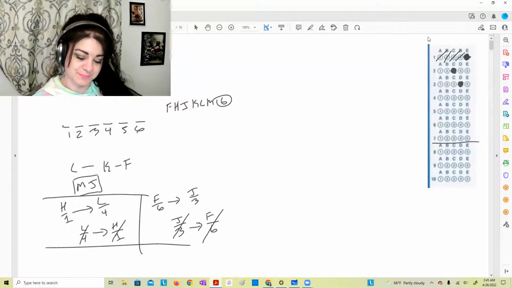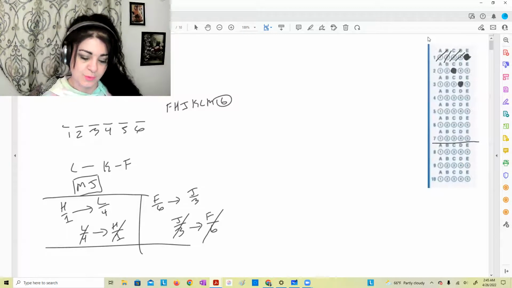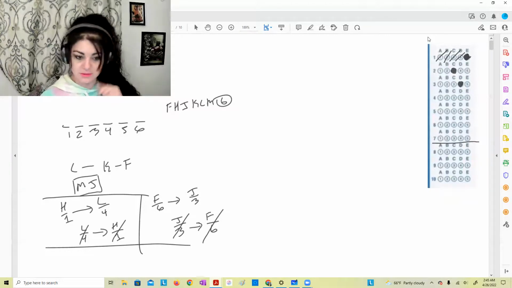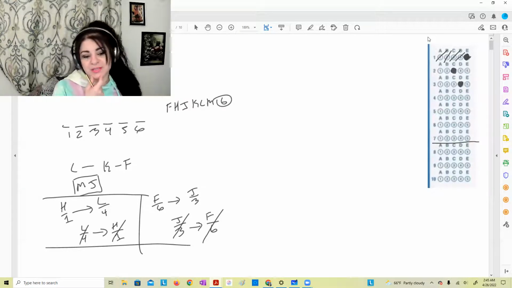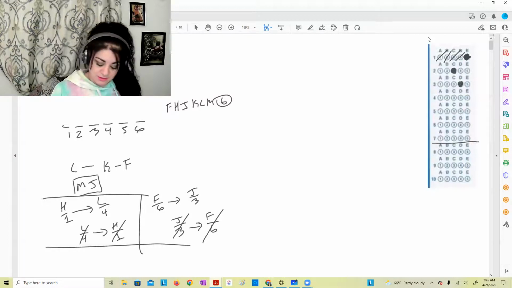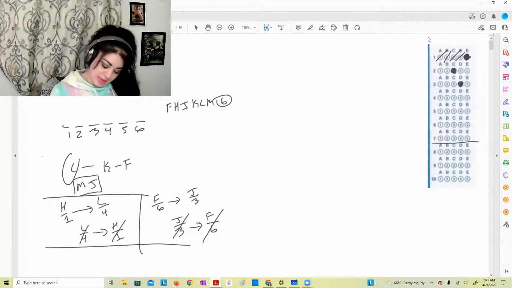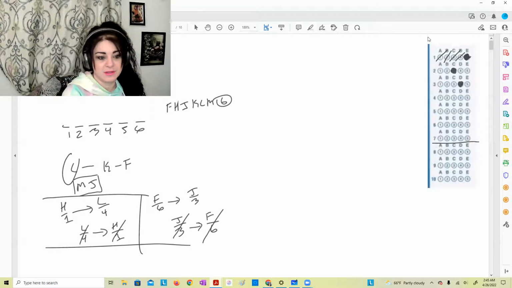What about number 4? This is a maximum question. What is the greatest number of students who could be to the left of L? Oh, okay, interesting. Well, to me, it looks like, here's what I'm thinking.